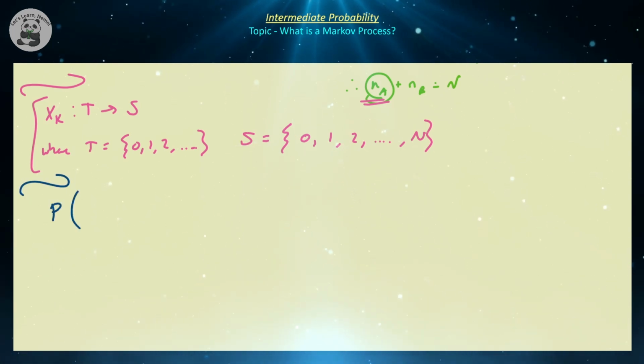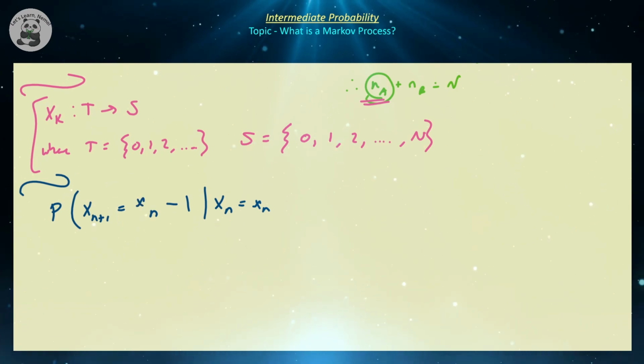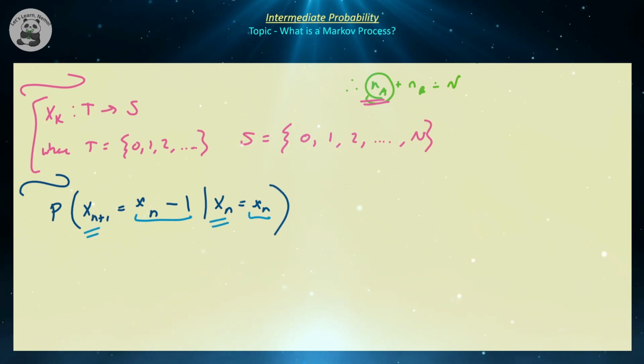So what's the probability that x_{n+1}, the number of molecules in A tomorrow, is equal to the number in there today minus 1, assuming that x_n has, for example, little x_n in it? And actually, let's assume that's little x_n too. So these are numbers, and those are random variables. So what's the probability that the number of molecules in A decreases by 1?